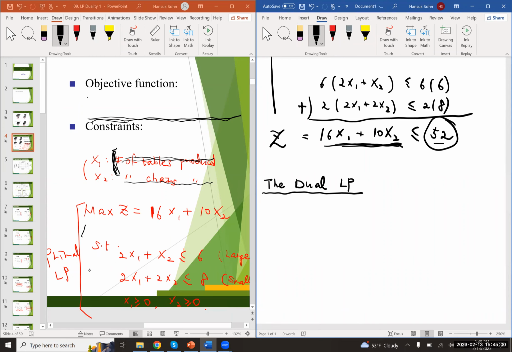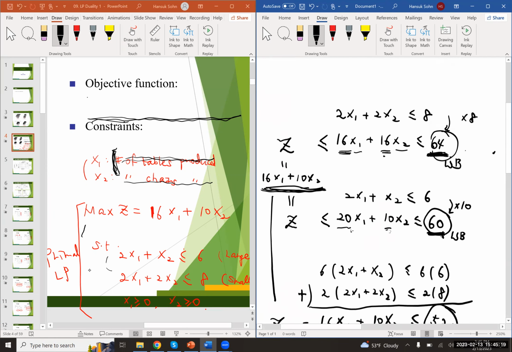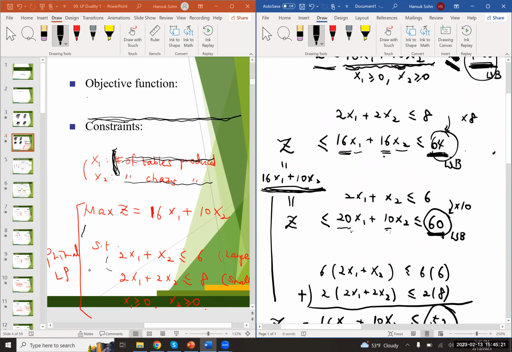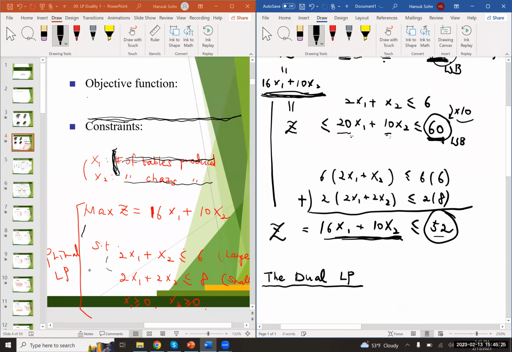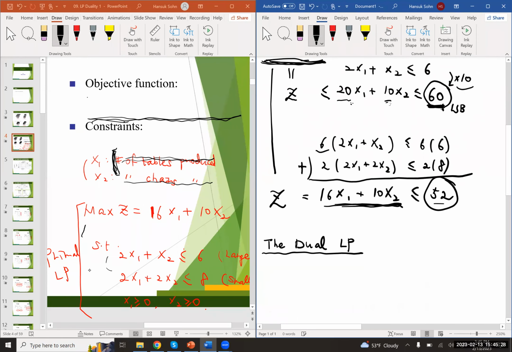Let's suppose, to obtain the tightest upper bound to the maximum, you want to multiply these two constraints by non-negative numbers, like we did earlier. We multiply by 8, we multiply by 10, and then here we multiply by 6 and 2.